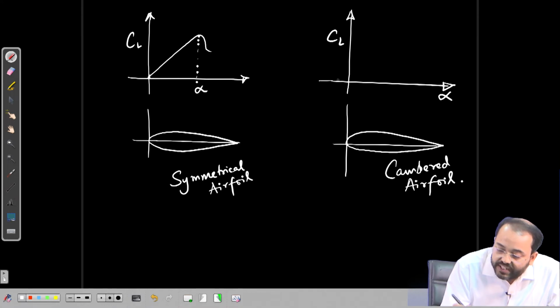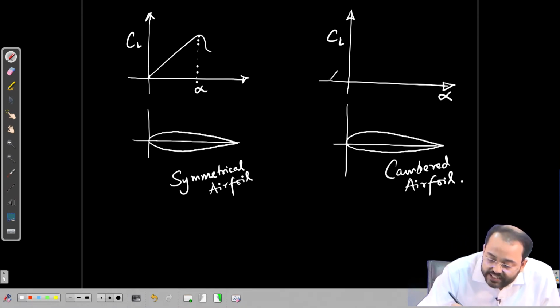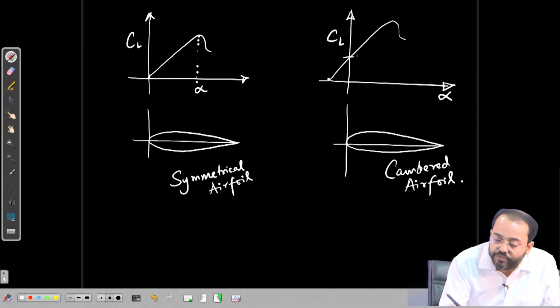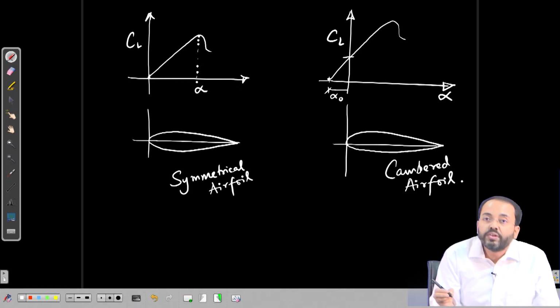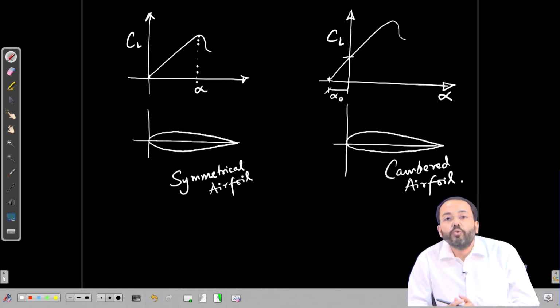The pattern is similar for the cambered airfoil, only the difference is that at 0 angle of attack there will be a value of lift, and CL will be 0 at an angle of attack alpha 0, at a value of negative angle of attack, which is given as the no lift angle.